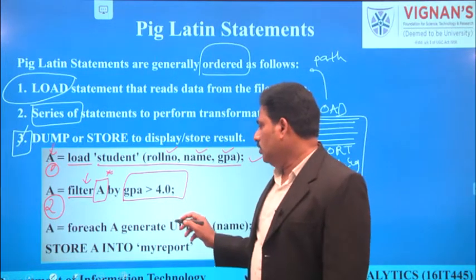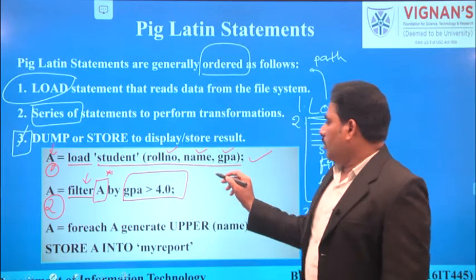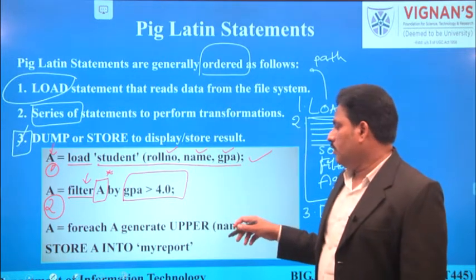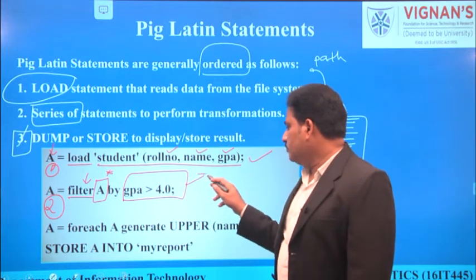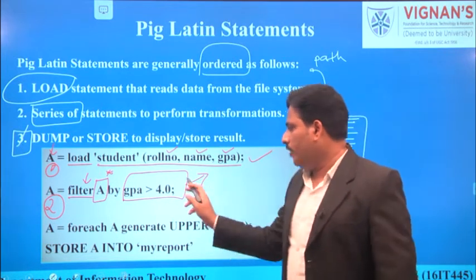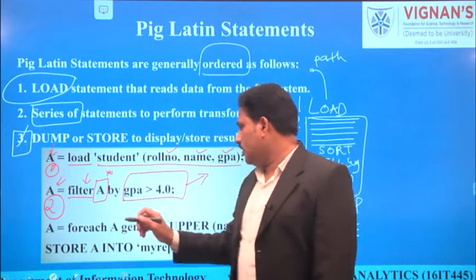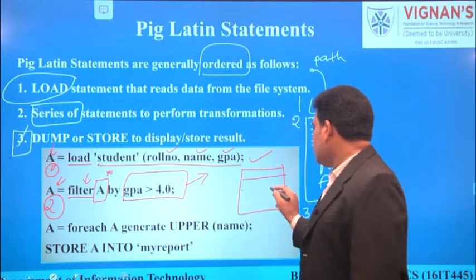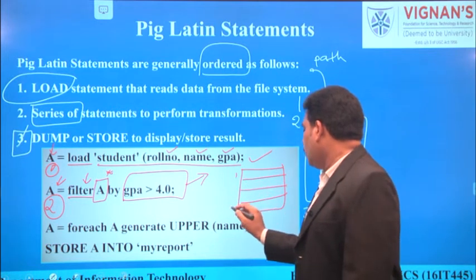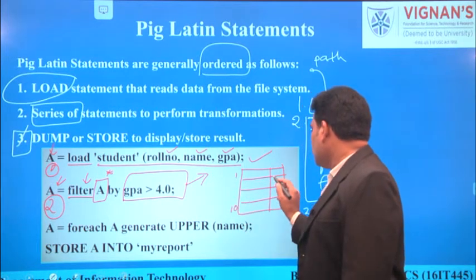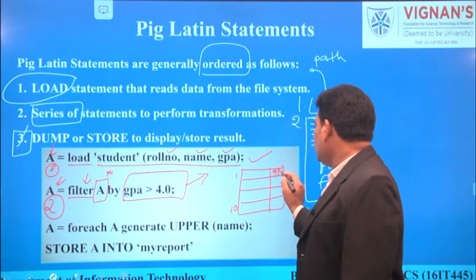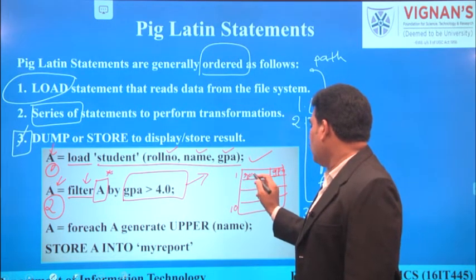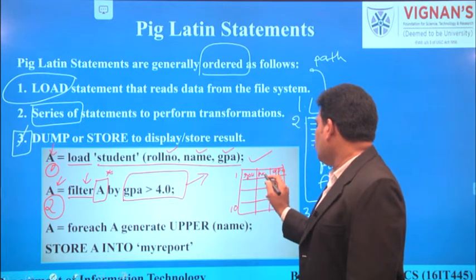Now what will it do? The records in the student table which satisfy this condition are going to be moved into A again. Let us take, in this initial table, we are having 10 records, like record number 1 up to record number 10. We are having some GPA value here, roll number and name of the student.